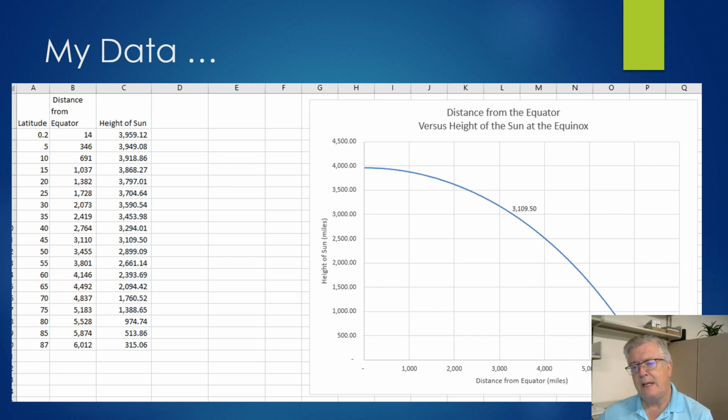And you can see that that is at the 45-degree angle, and it's basically halfway along that curve. So here we have a height of the sun, and you can see that this height of the sun changes based on how far you are from the equator.